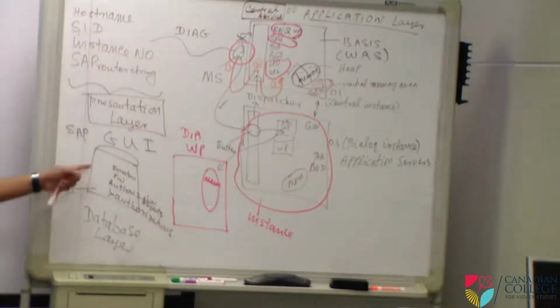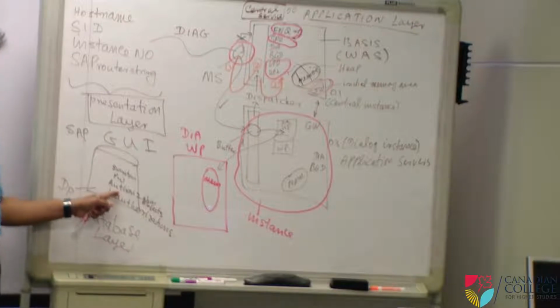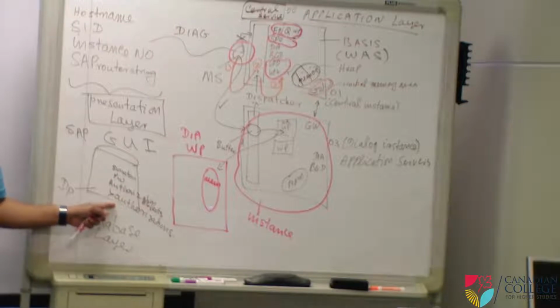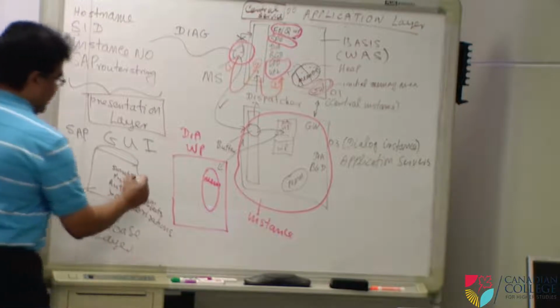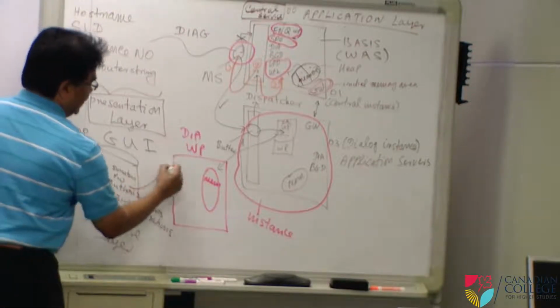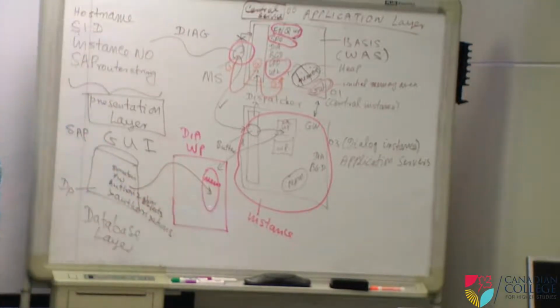So Donatus' name, password, authorization object information, and the authorizations for the authorization objects. Thousands of authorization objects, tens of thousands of authorizations for those thousands of authorization objects. So all this information has to be loaded into the memory. Don't you think so?